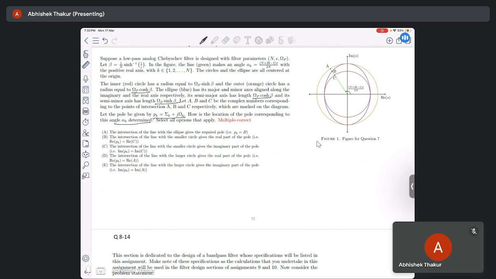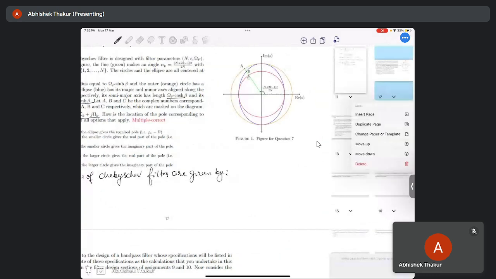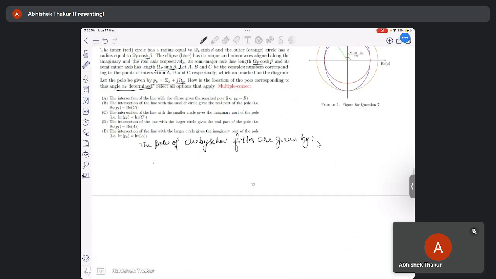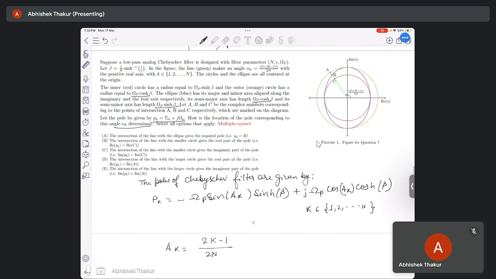So the poles of the Chebyshev filter are given by minus omega p sine ak sinh of beta plus j omega p cos ak cosh of beta, and here k is from 1 up to n, and ak is equal to (2k minus 1) by 2n into pi.